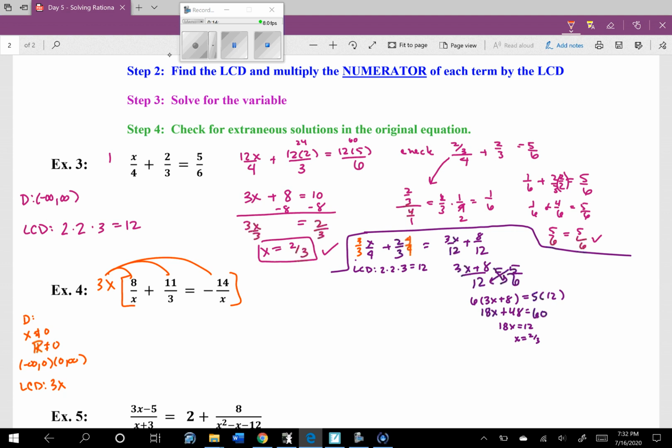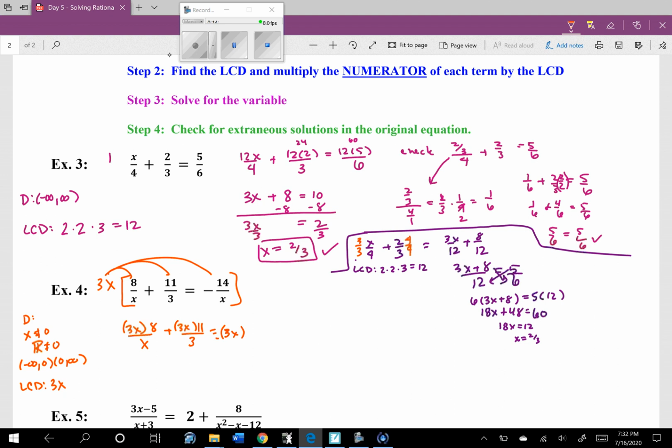So that means we get 3x times 8/x plus 3x times 11/3 equals negative 14. Actually, sorry, I should write the 3x first. Oops, I did that for the other one.